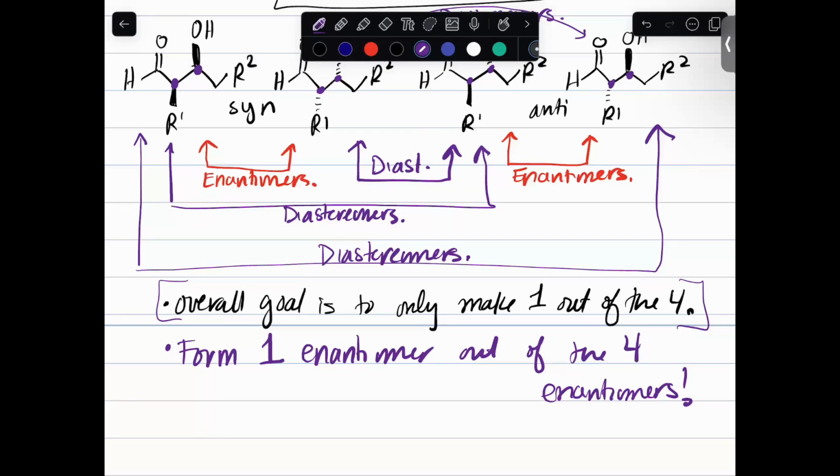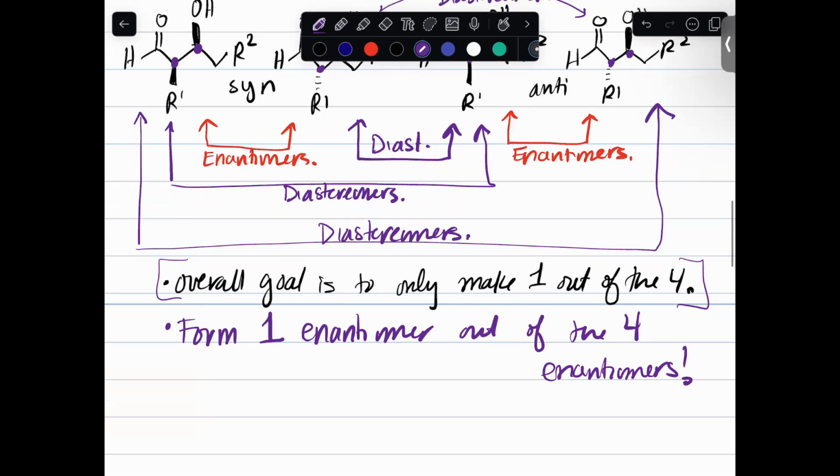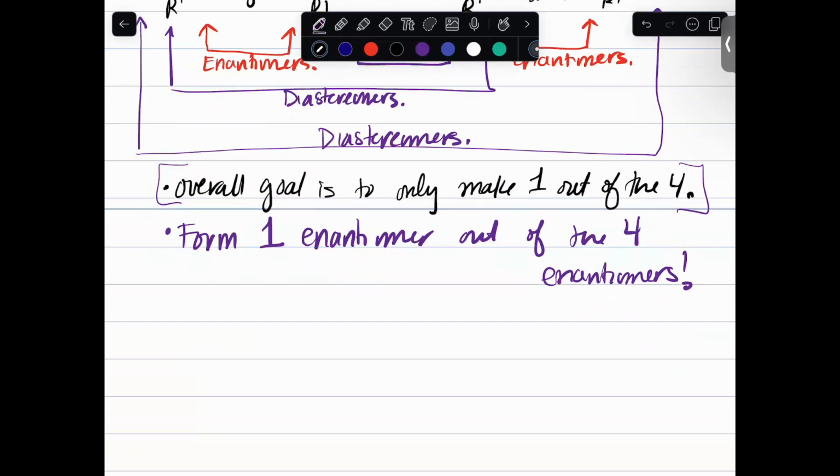And what this lecture will do is we will figure out how to make one enantiomer over the other 3. Okay? But we're going to start off slowly. And we are going to focus on only making 2 out of the 4. Okay? And work our way to 1.